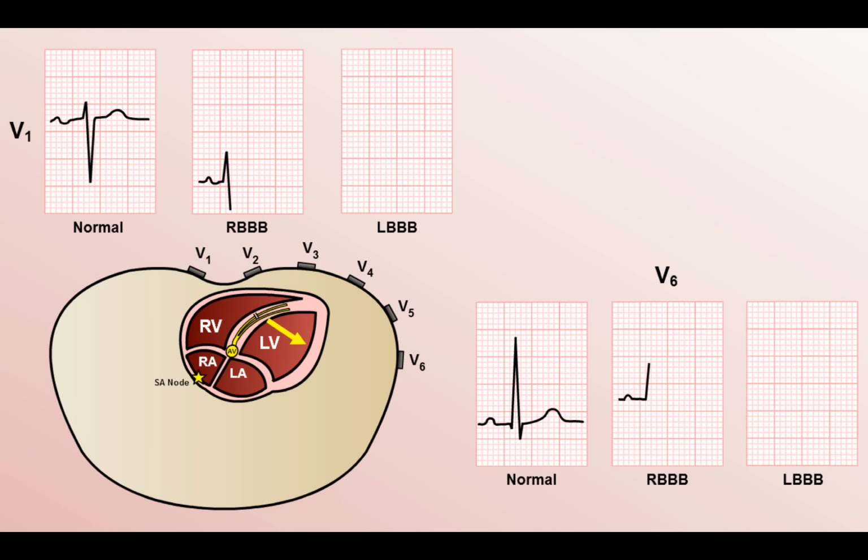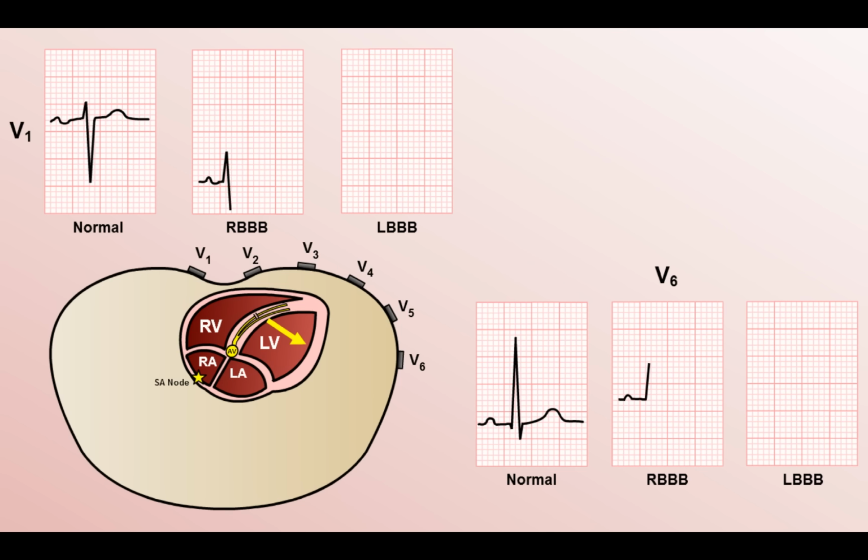The consequence is a deep S wave in V1 and a tall single R wave in V6, which is often notched. Remember that lead V6 points in roughly the same direction as leads 1 and aVL, so that these leads usually show the same changes seen here.